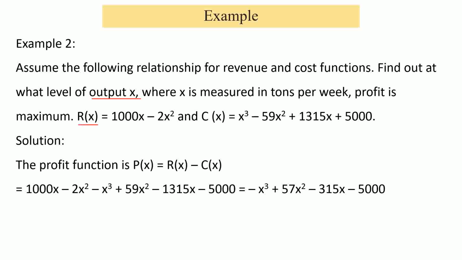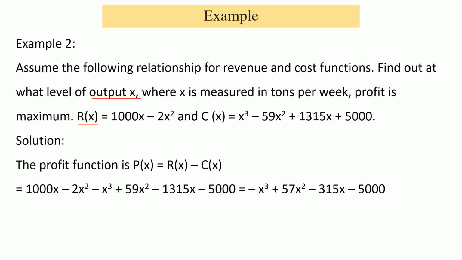So here, look, R of x, that means revenue, equals 1000x minus 2x squared, and cost C of x equals x cubed minus 59x squared plus 1315x plus 5000.